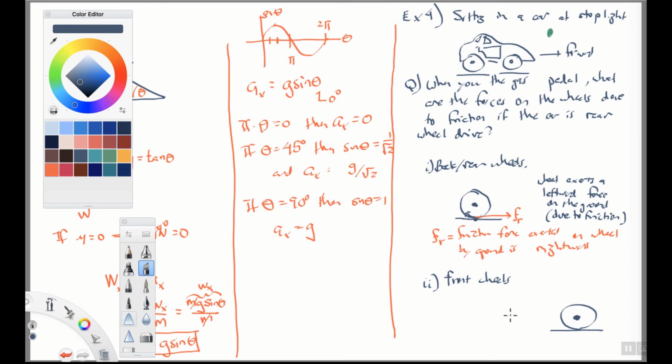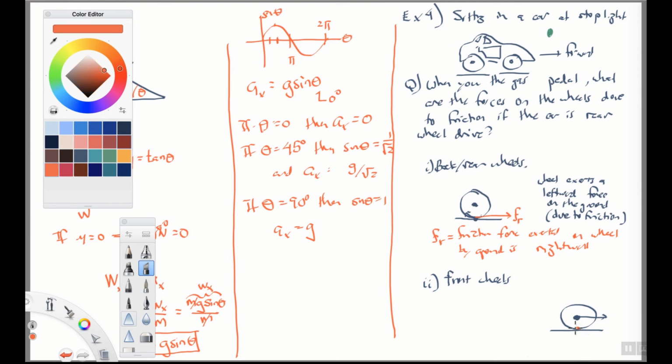Rather, because the ground is pushing the back wheel forward, the whole car is going to be thrown forward. When it's thrown forward, the car, which is connected to the front axle, makes that axle begin to move in that direction. And if the wheel was stationary compared to the axle, the whole wheel would sort of slide to the right. So the frictional force exerted by the ground on the wheel tries to prevent this sliding to the right of the wheel.